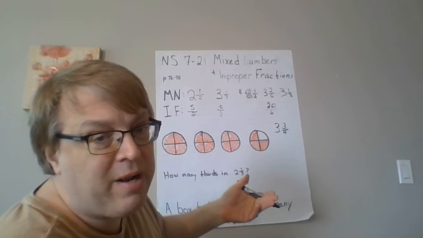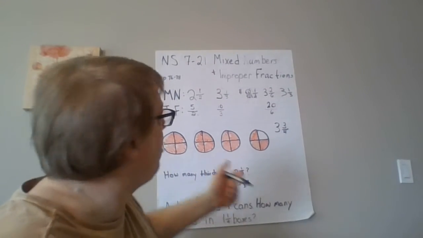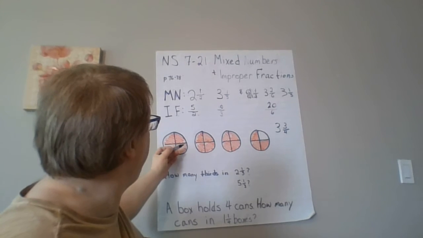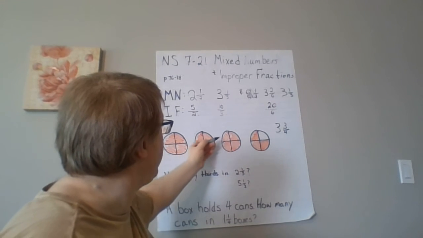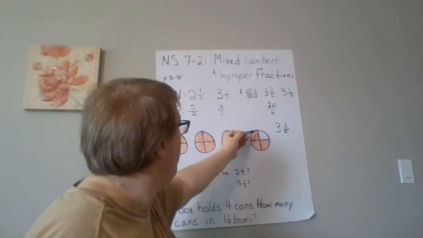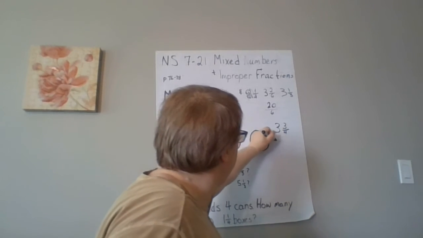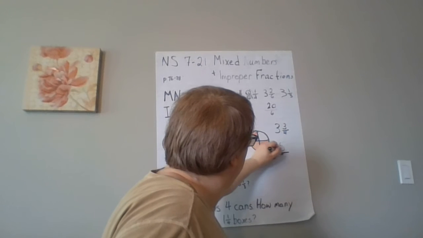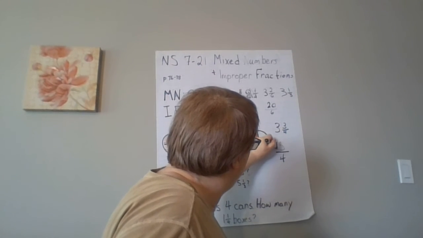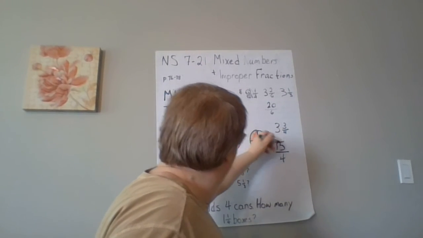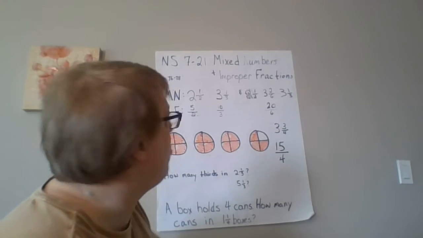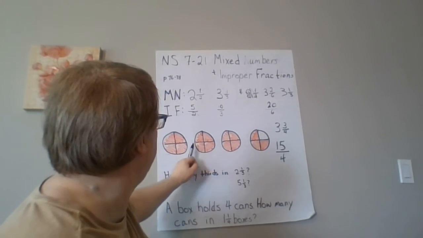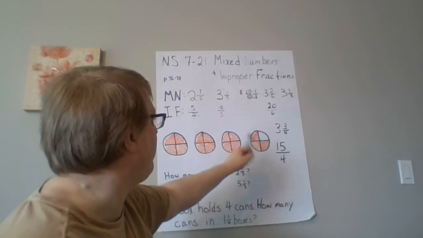But if we want to write it as an improper fraction, it's no harder. 1, 2, 3, 4, 5, 6, 7, 8, 9, 10, 11, 12, 13, 14, 15 over 4. Right? All we did is count up how many quarters there were.